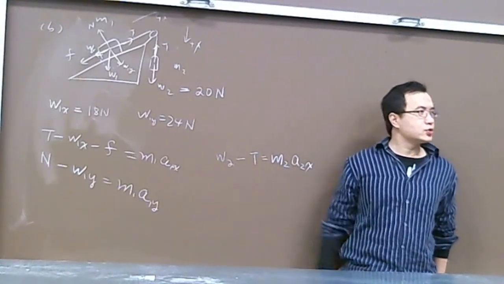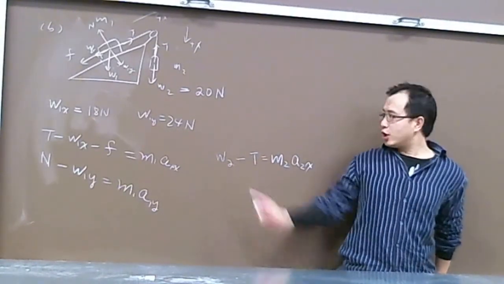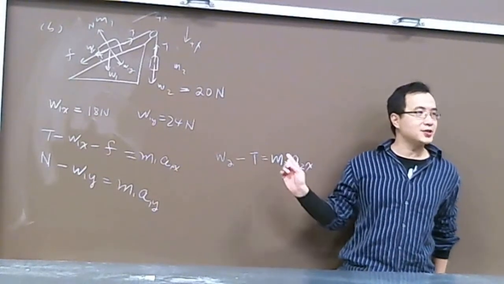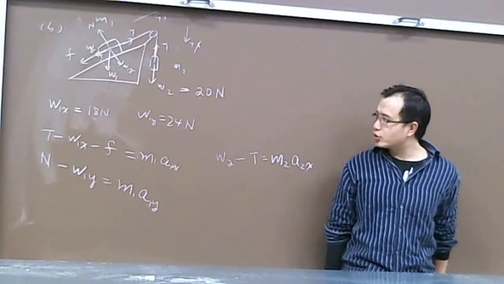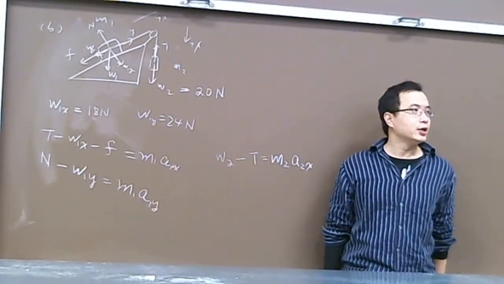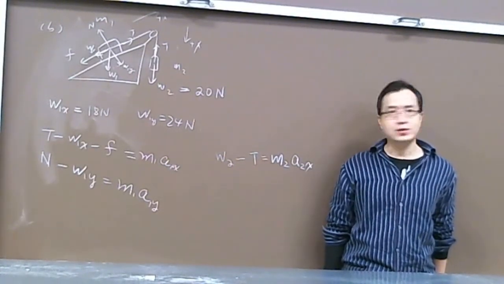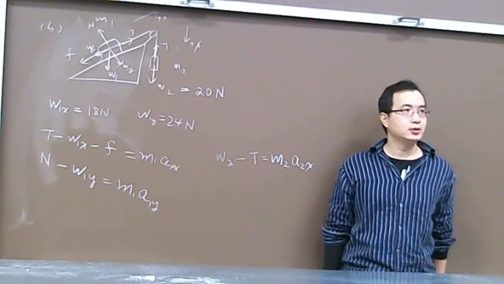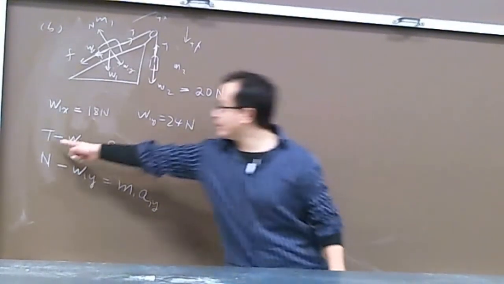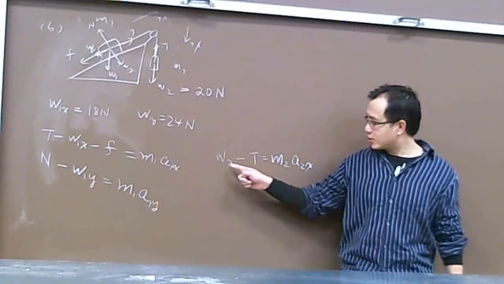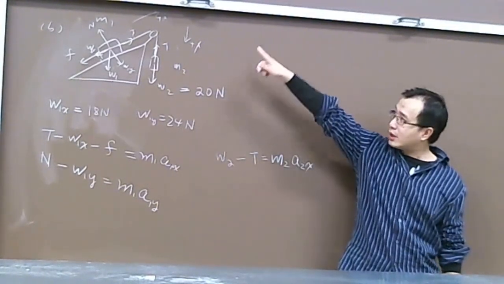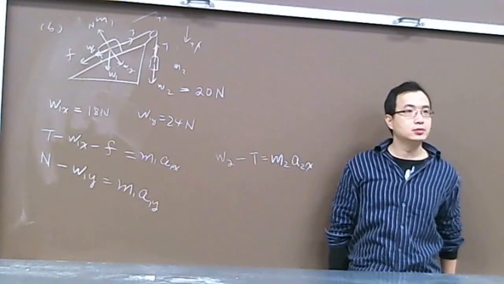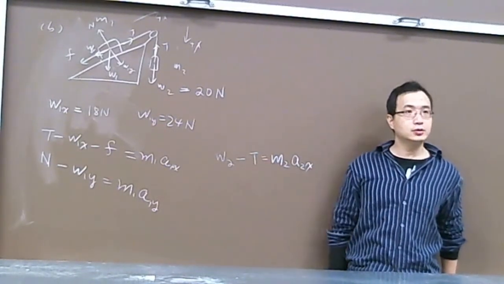Any question about these equations? Please check all the terms and their signs. Make sure you agree with me on why I put these terms with positive and negative signs. Please note here it is T minus W1x, and this is W2 minus T, due to the positive direction like that.